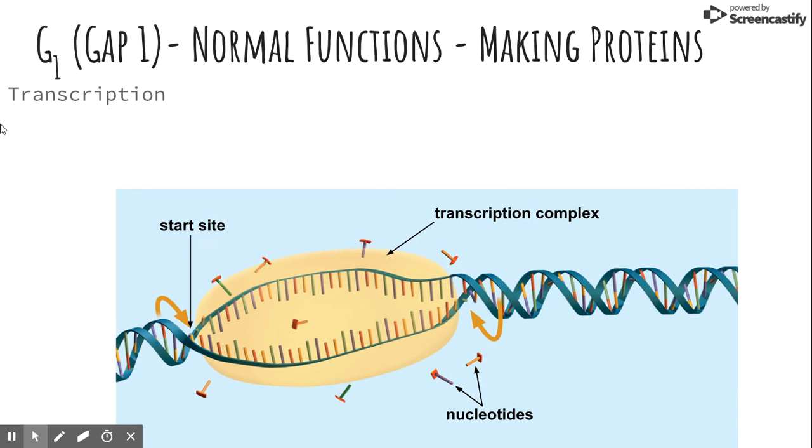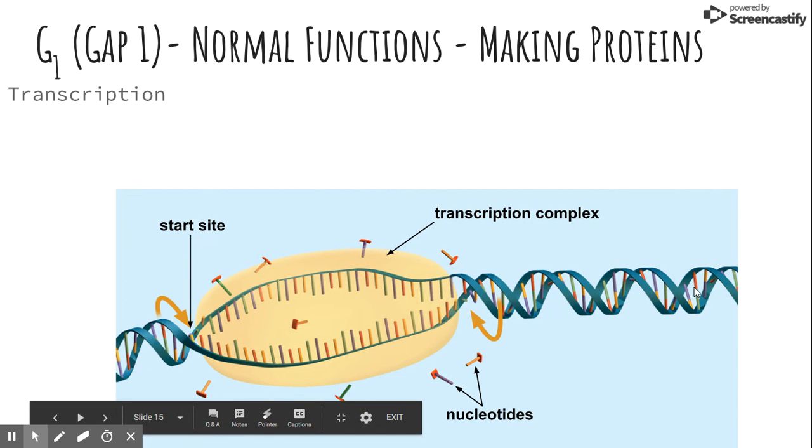So remember, transcription is where we take the DNA strand, that's this thing here in blue, and we're going to be making an RNA strand by the RNA nucleotides bonding to these bases that are revealed as we unzip the DNA.